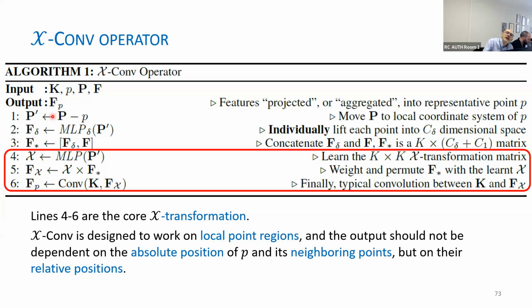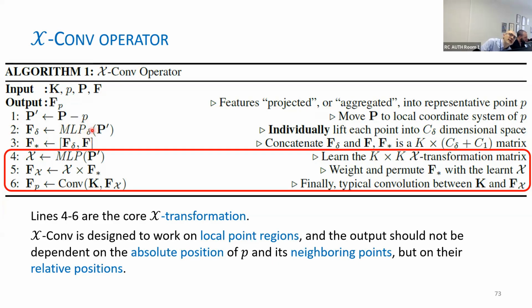There are three preliminary operations that we comment on also in the subsequent slides. The first one transforms the coordinates of the points with respect to the representative point, making a difference.